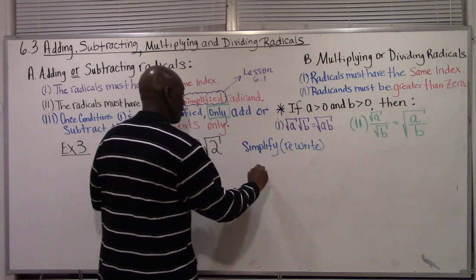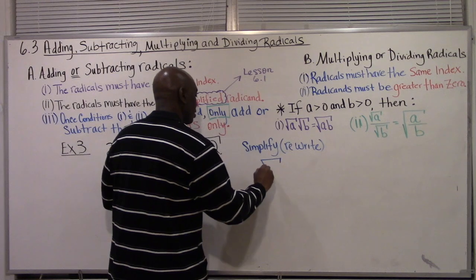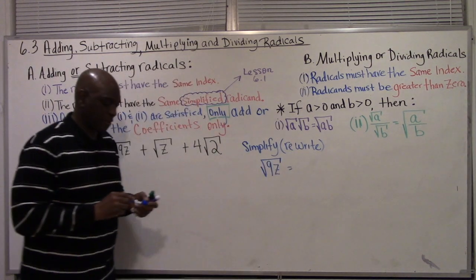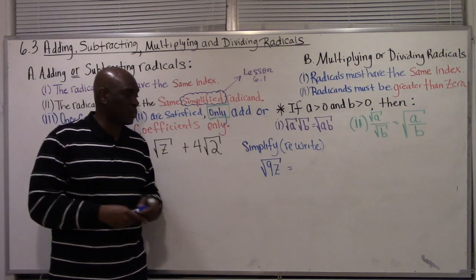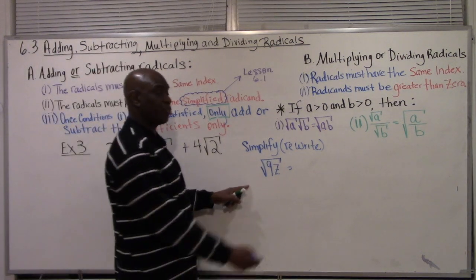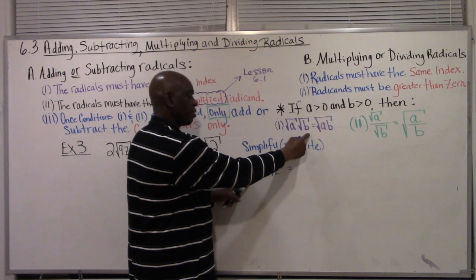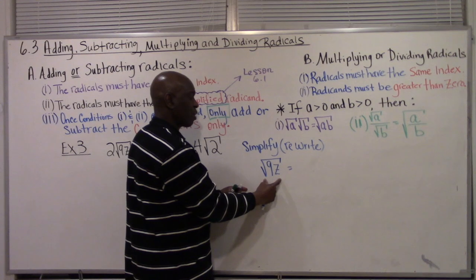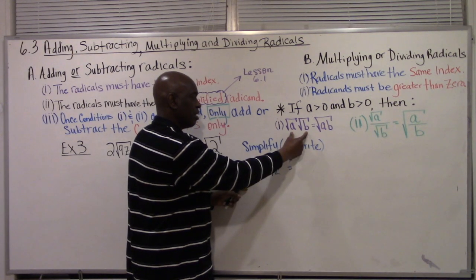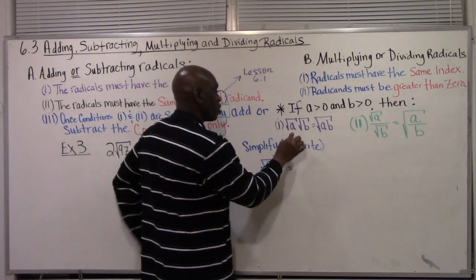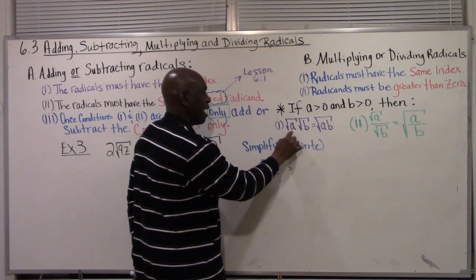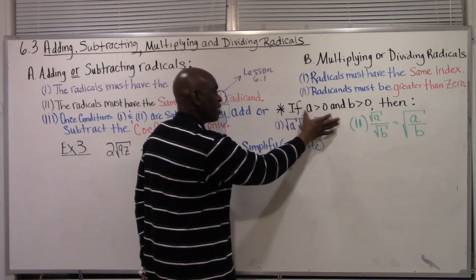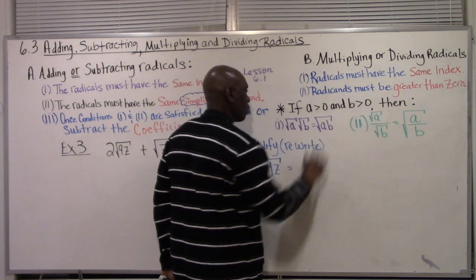Let's rewrite the square root of 9z. Okay? And so now here's where we kind of branch off into what I have in purple right here. I'm going to rewrite this blue, the square root of 9z, in terms of what I have in purple. Because right now, the square root of a times the square root of b equals the square root of ab, if a is greater than 0 and b is greater than 0.